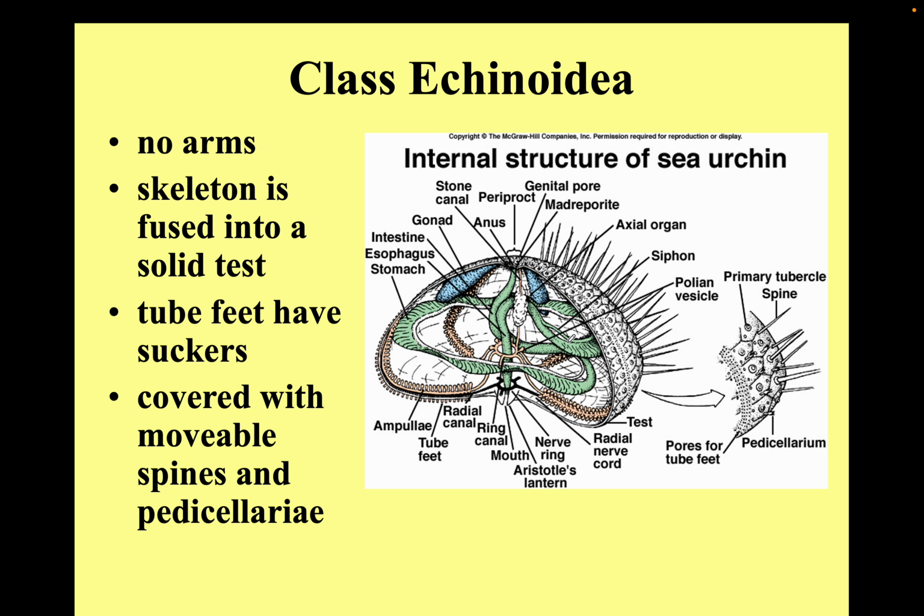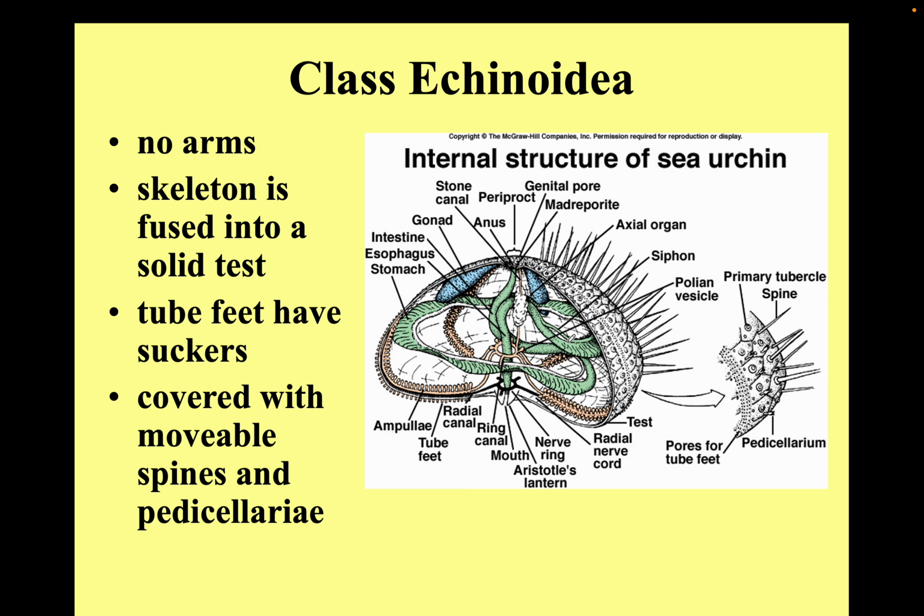So they don't have a branching or more complicated network of endoskeleton, unlike Asteroidea or Ophiuroidea. The tube feet of Echinoidea have suckers for attachment.